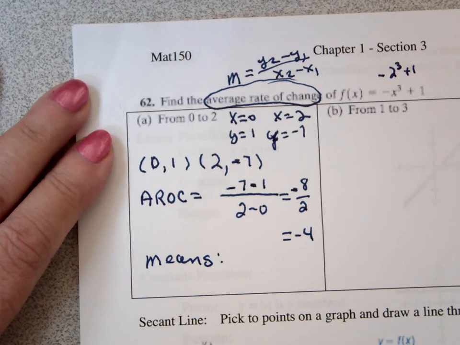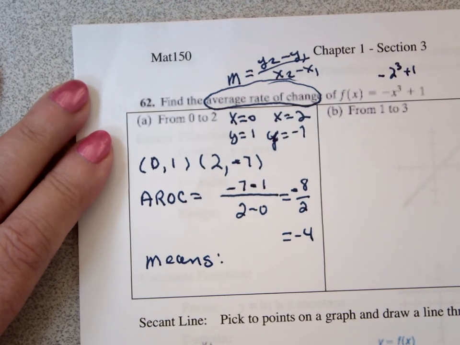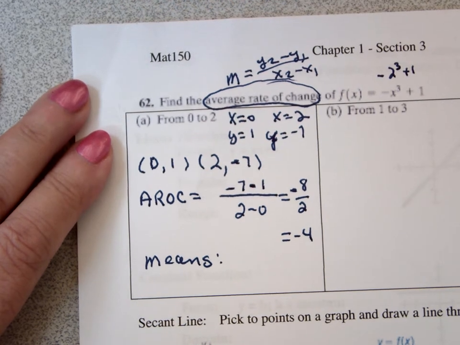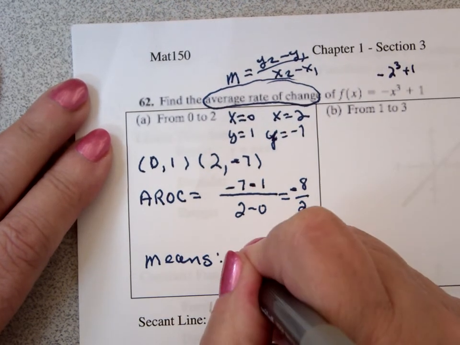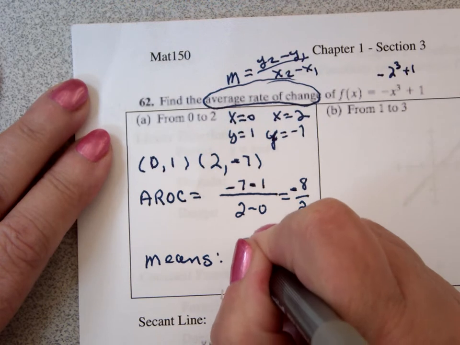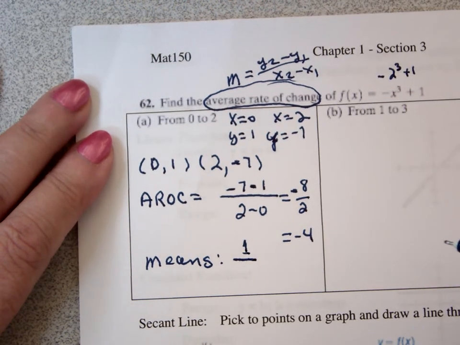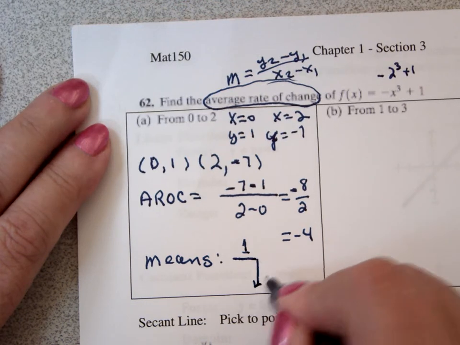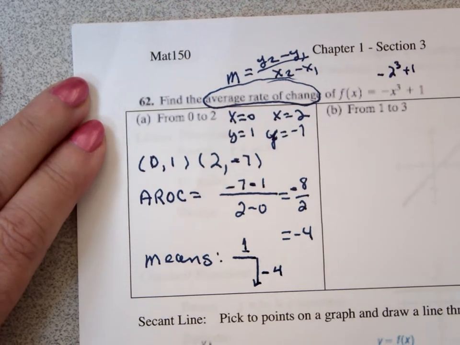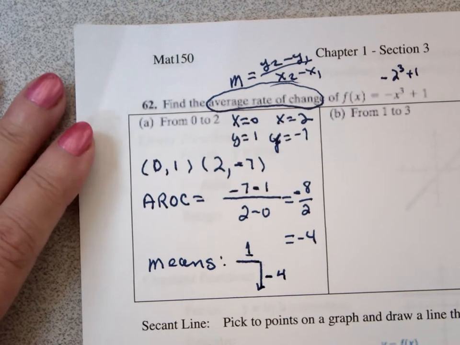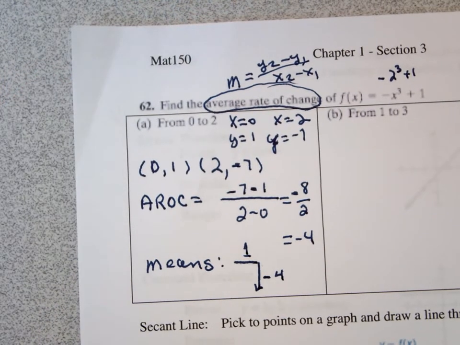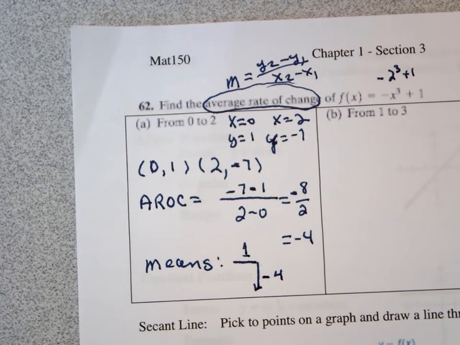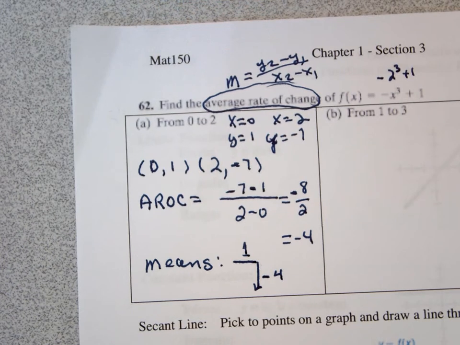And what's it telling me about that relationship? For every 1 unit on the x, what happens to y? It's going to be going down 4 units. So it's telling me essentially as x changes, y decreases, right?